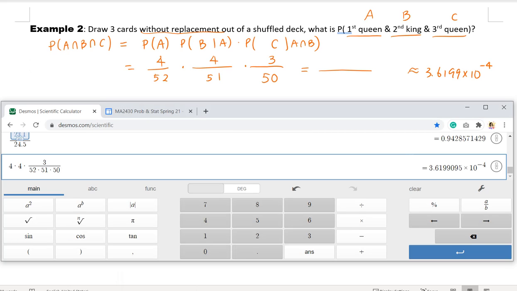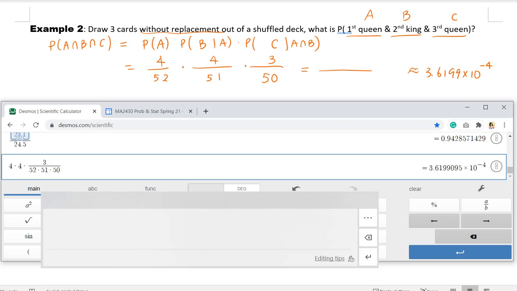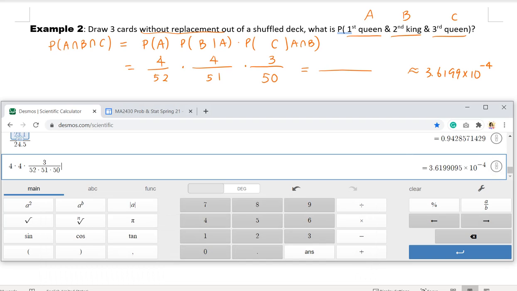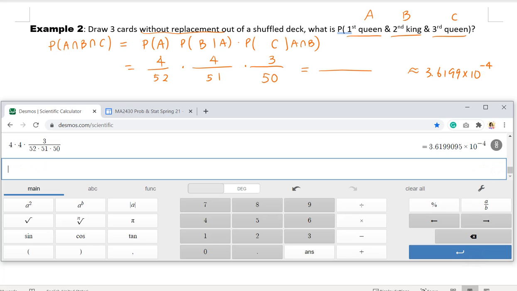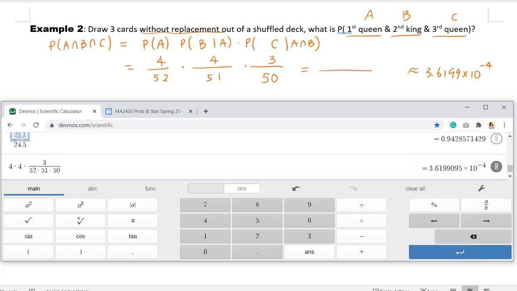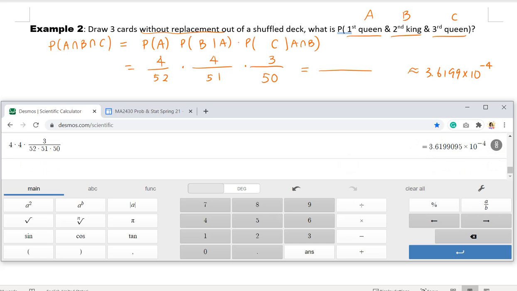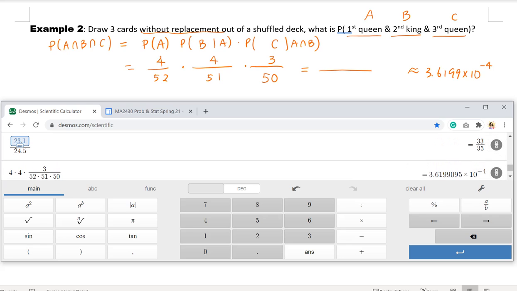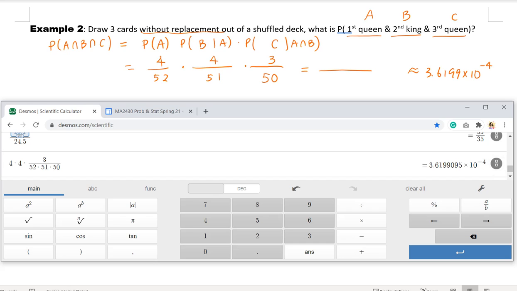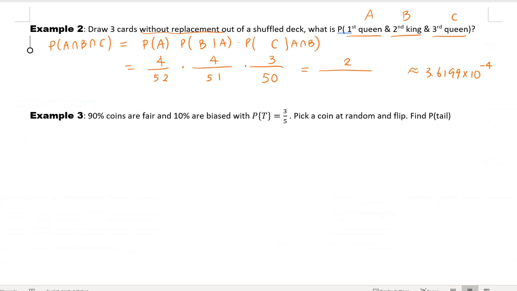Usually we can press this button to get fractions, but maybe this number is too small, so it won't give a fraction. But I can tell you the answer is 2/5525. So this is conditional probability.